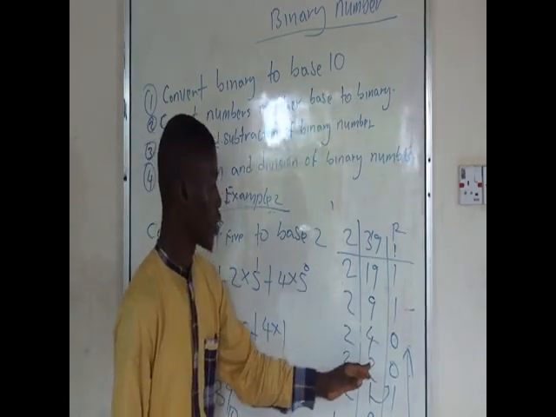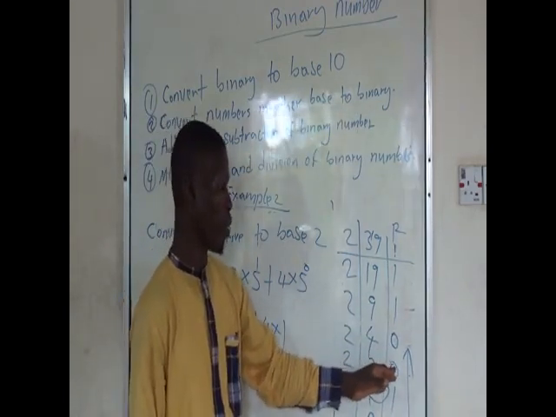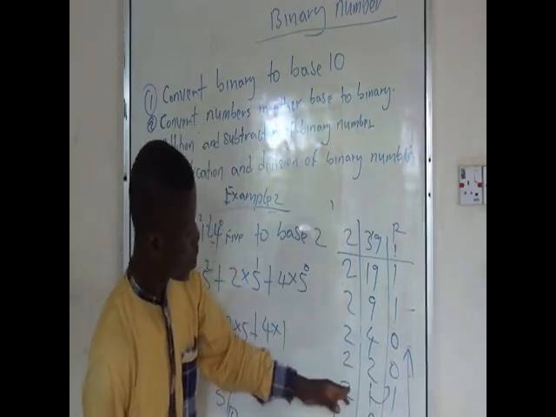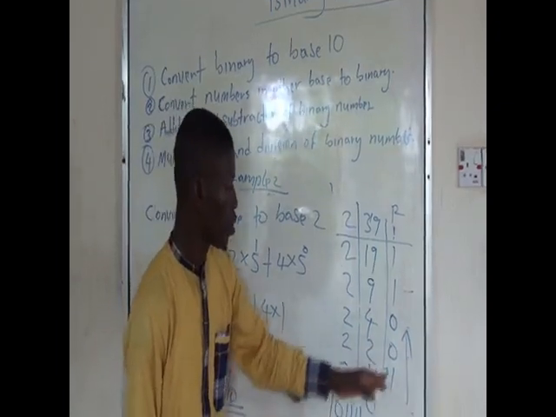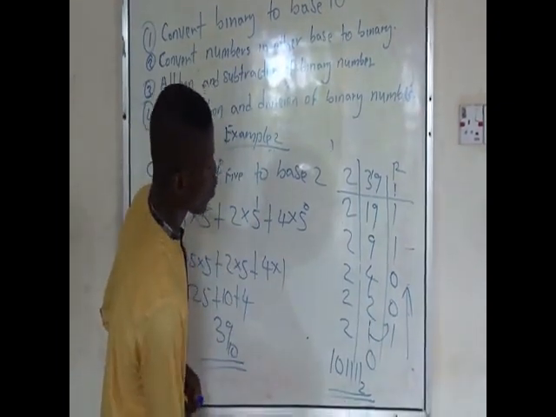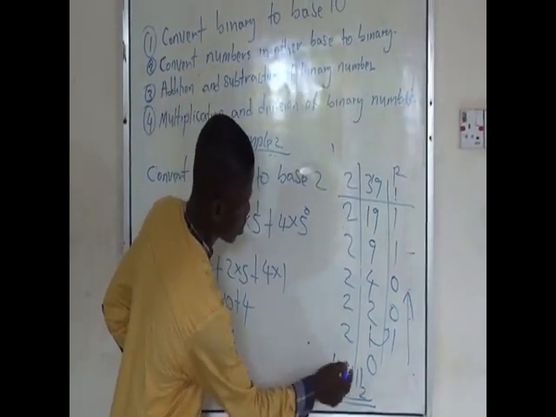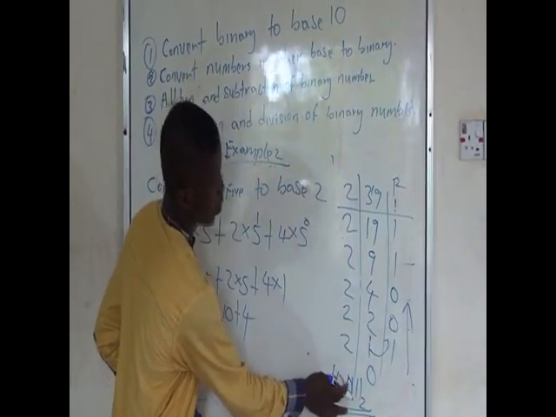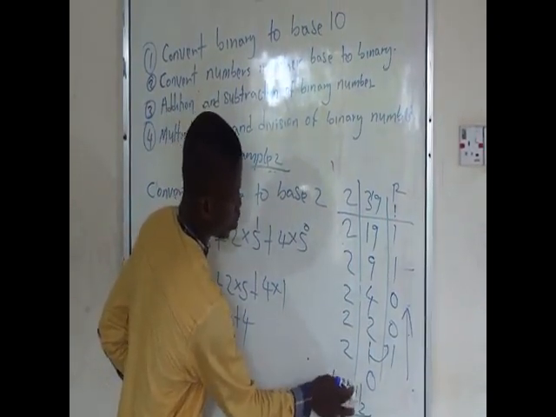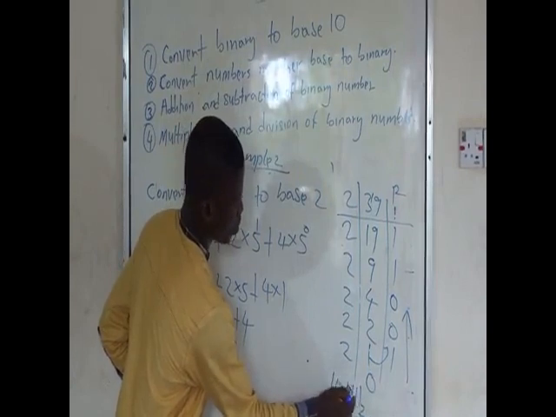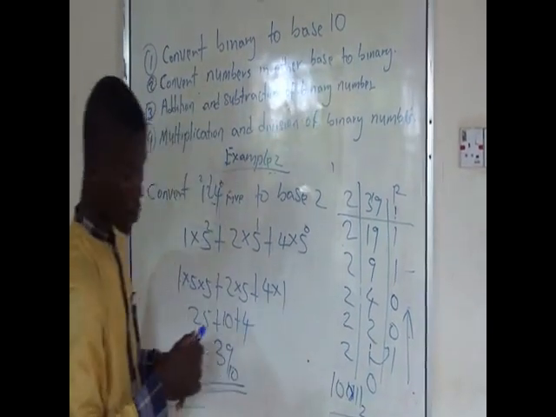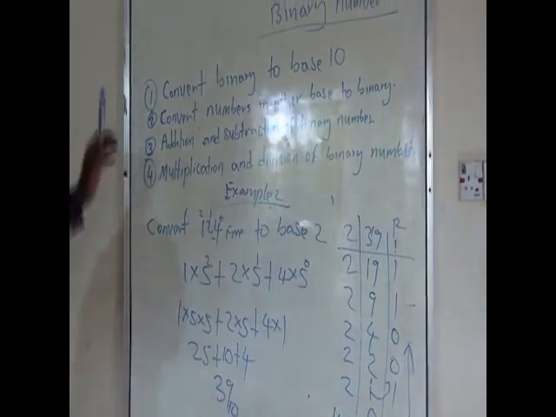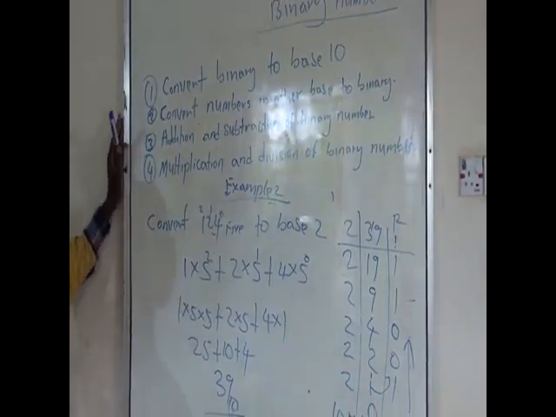And 2 divided by itself will give you 1 remainder 0. And 1 divided by 2 give you 0 remainder 1. So the answer will be 1, 0, 0, 1, 1, 1, base 2. That's for that. Then let's go to the third one.